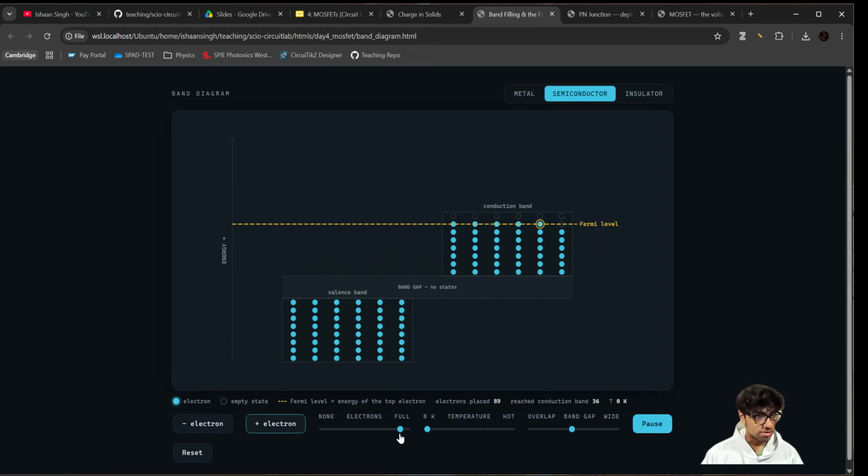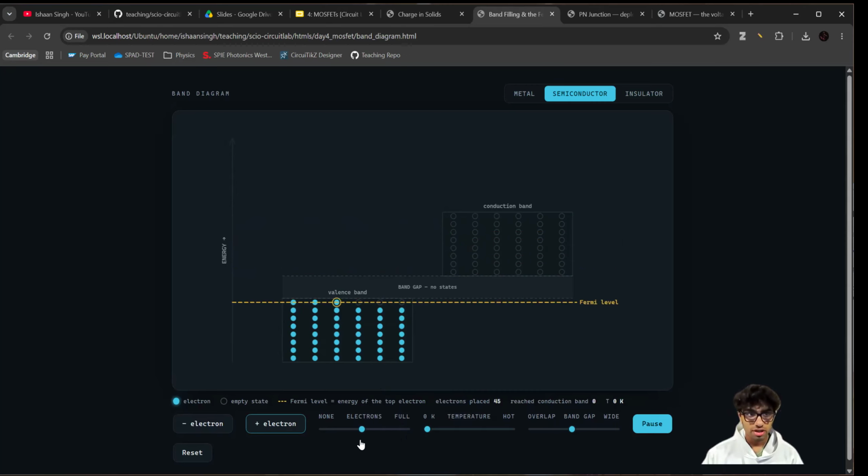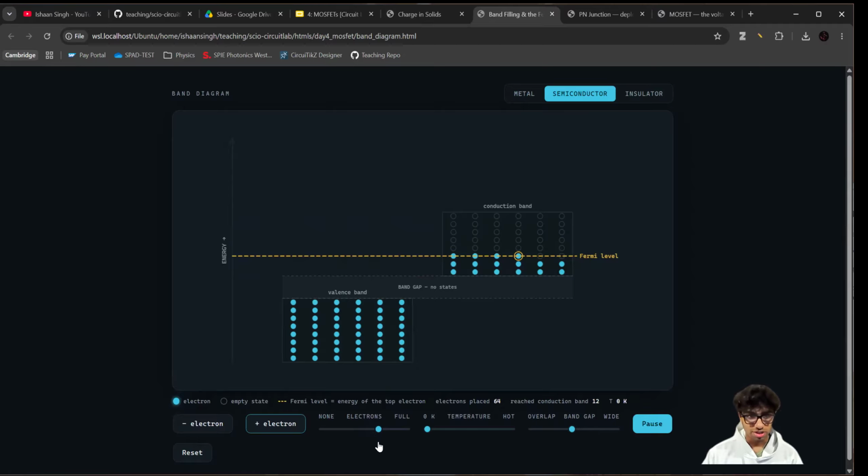And depending on your material and how many electrons there are in your material, the Fermi level will be at a different place. And this Fermi level is largely what determines, okay, am I in the realm of conduction or am I in the realm of insulation? Okay.